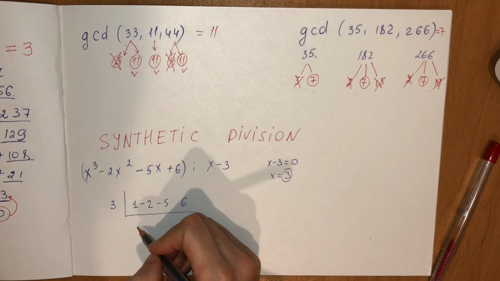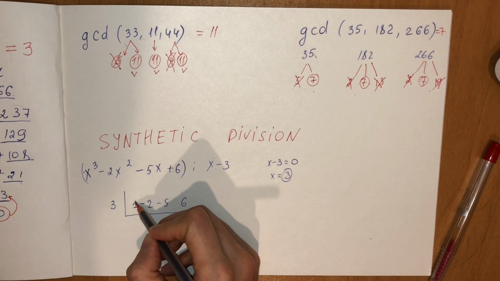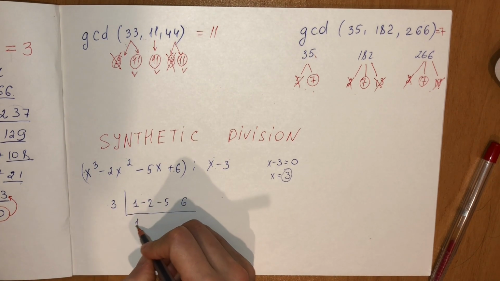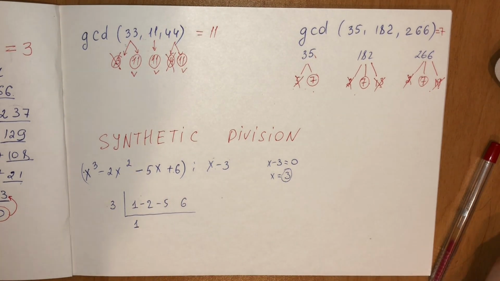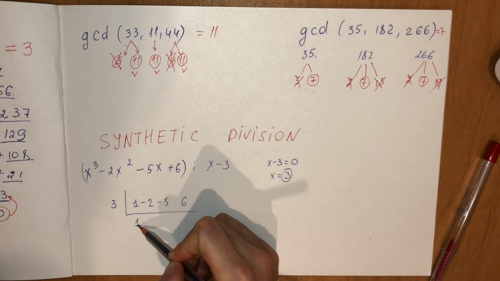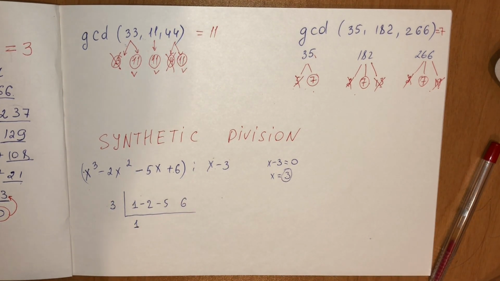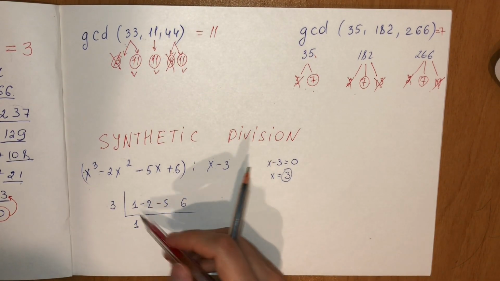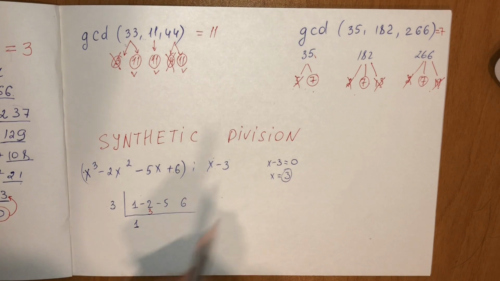And firstly, we should write again the first coefficient here. This is 3, let me write 3 times 1. Let's write here 3 times 1 is equal to 3.